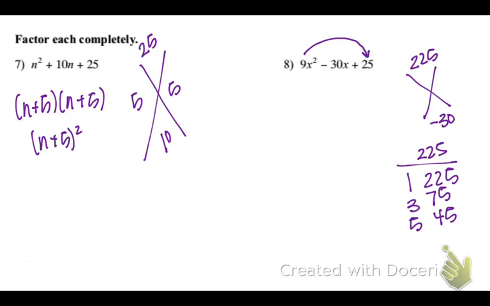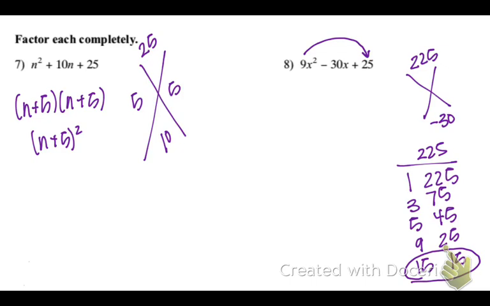Nope. 9 and 25. 10 doesn't go into it. 11 doesn't. 12 definitely doesn't. 13, and I'm literally just checking all these. You might hear me typing on this calculator. 14 doesn't. 15 does, 15 times 15. Sweet.